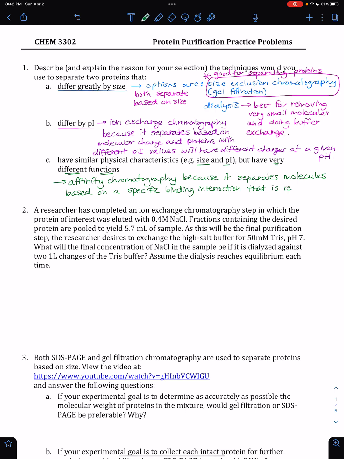So we're going to say a specific binding interaction that is related to the molecule's function. Okay, so that's the answer to question number 1.